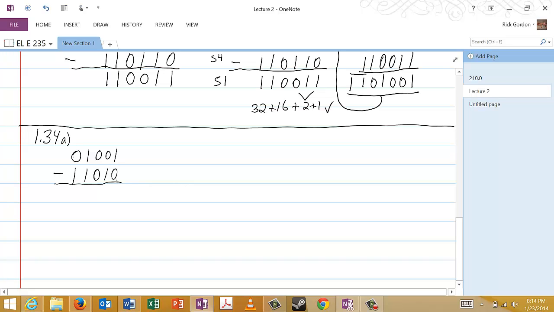But they tell us in the instructions, they say, assume that negative numbers are represented in 2's complement.